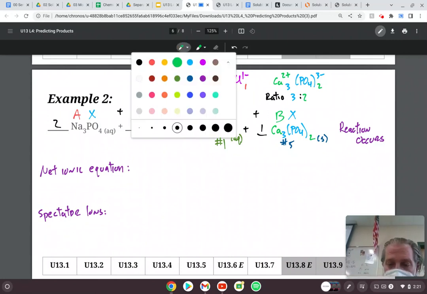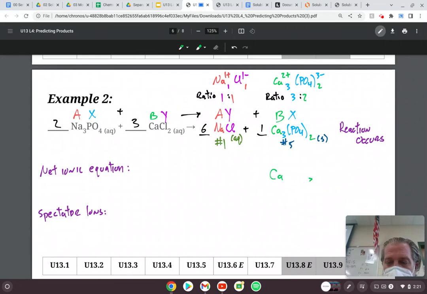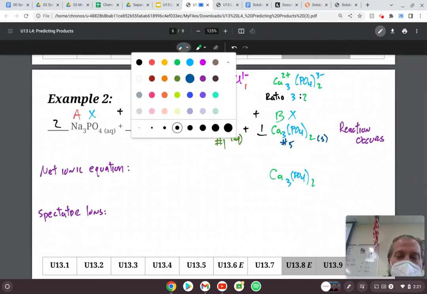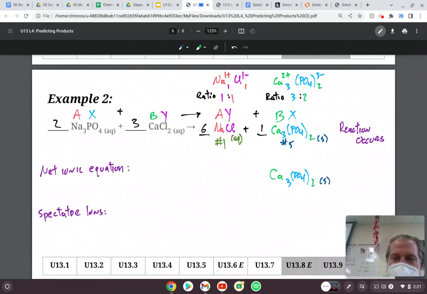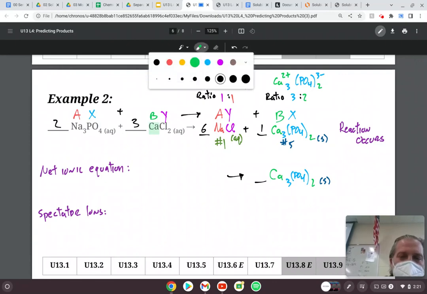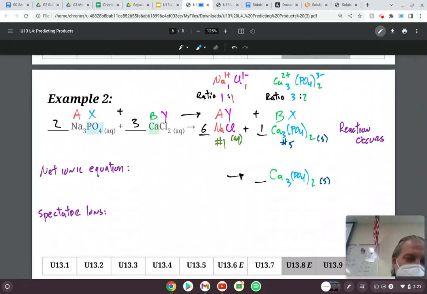So I'm going to write Ca3PO4, and I know it's a solid because we've already identified that because of the solubility rules. The next thing that I'm going to do is go ahead and try to identify the ions that make that solid up. So I know that one of those has to be calcium and one of those has to be phosphate.